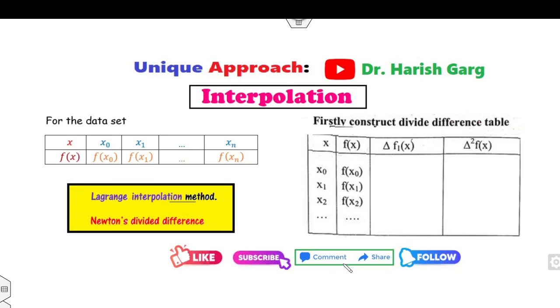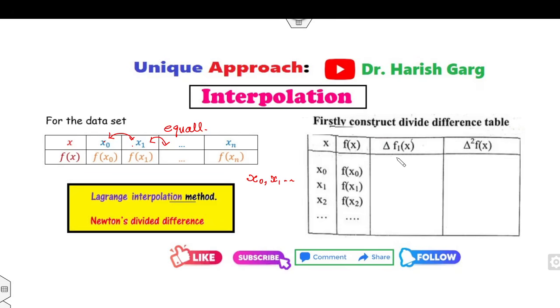Now, whenever you are using Newton divided difference, you always construct this divided difference table. There are two cases. The first case is if these x0, x1 are equally spaced. What is the meaning of equally spaced? The difference between x1 and x0 is the same as between x2 and x1.